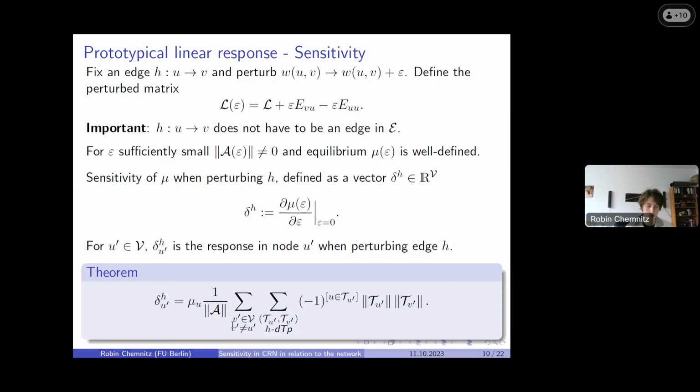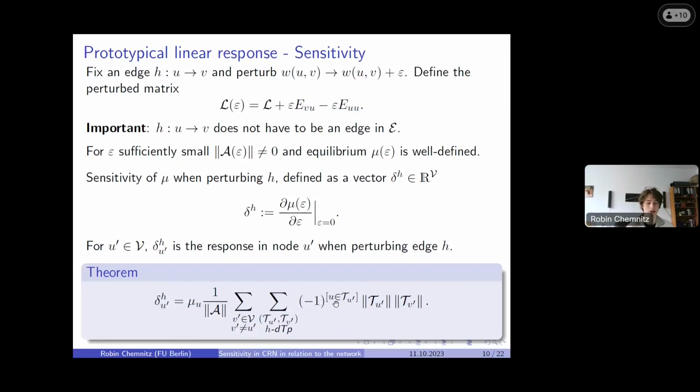And over this double sum here, we're summing over all h-divided tree pairs, where one of the root nodes will always be the target node we're interested in, and we sum over all other v primes. In the back, we have the focus, the combined focus of this divided tree pair. So this is just some math, how important these trees are.